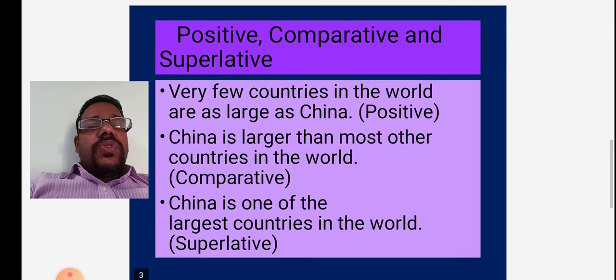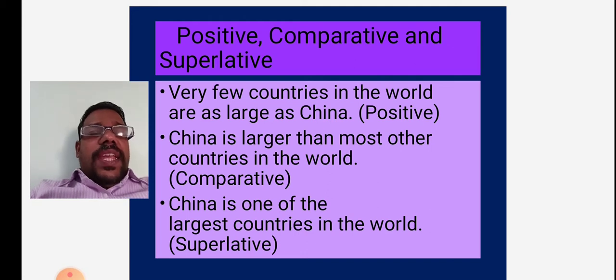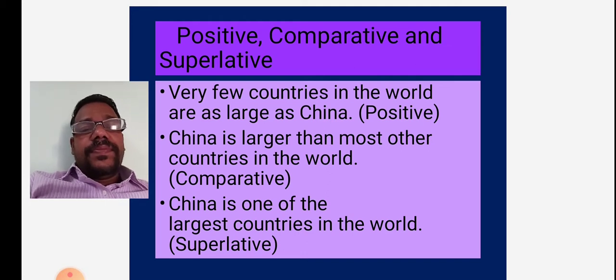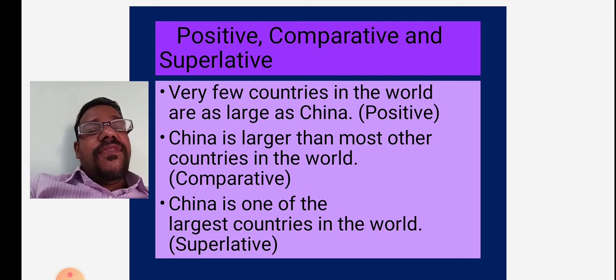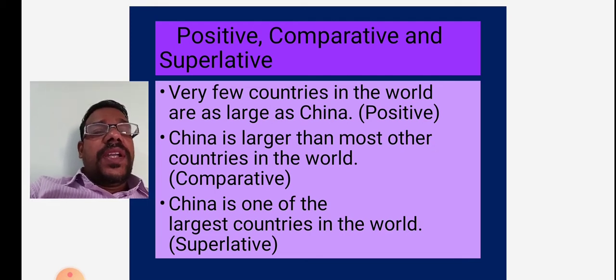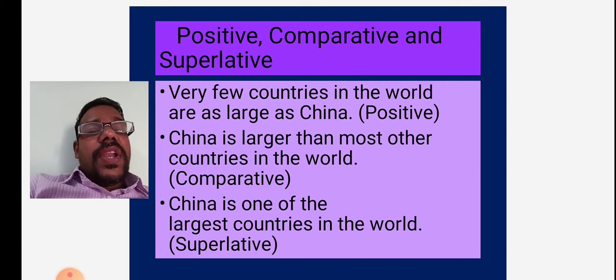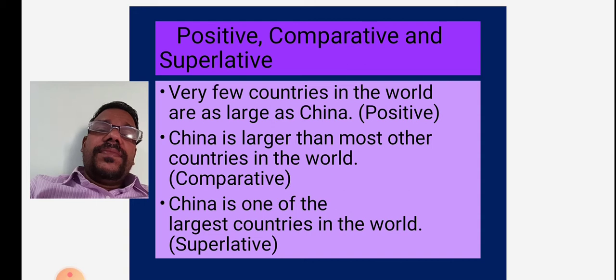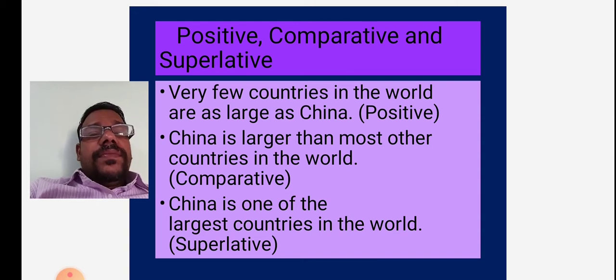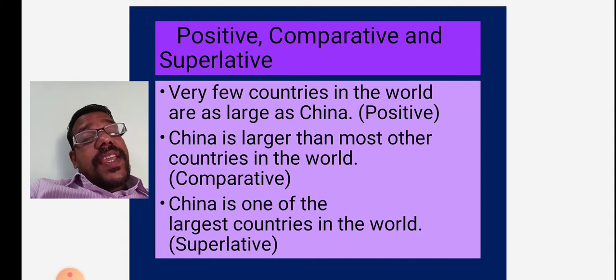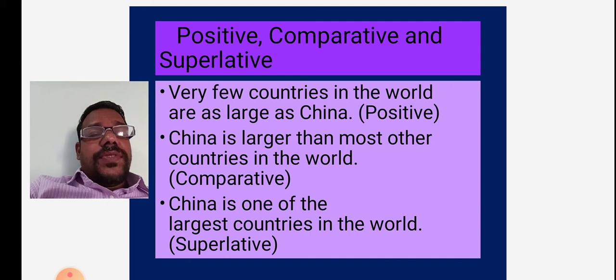Now let us try to change all the three degrees. The first sentence is: Very few countries in the world are as large as China. So here, China is compared with many other countries.